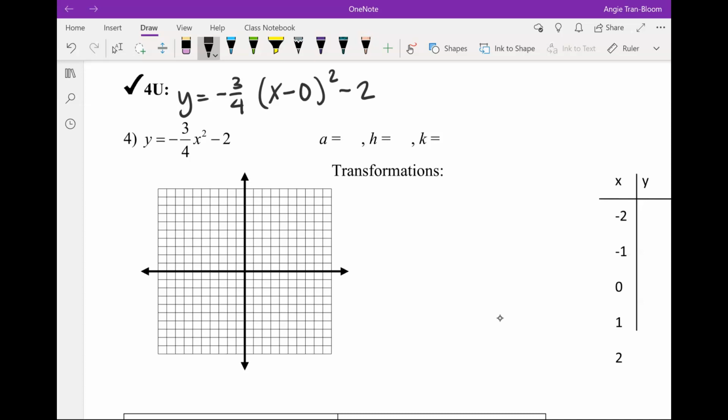What are the two transformations? What else? Nancy, let's go. Gabby, let's go. Good, so that's just the A value.